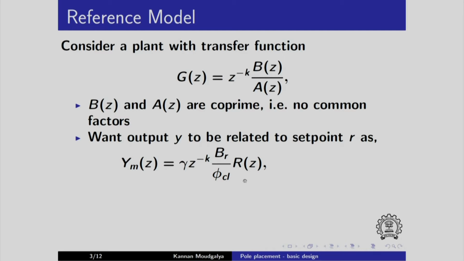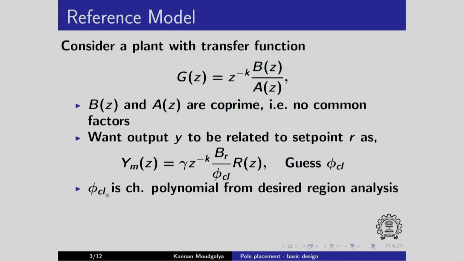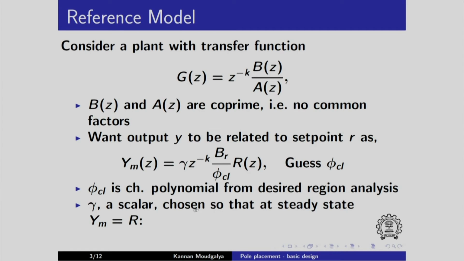And what is this phi CL? Can you guess this? Recall that we could choose this as the characteristic polynomial from the desired region analysis we discussed in the first part. And what is gamma? Gamma is a scalar. It is chosen so that at steady state this ym, the plant output, will be equal to the reference or the set point signal.